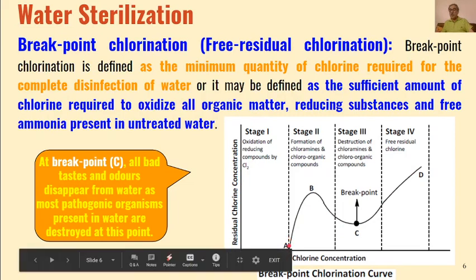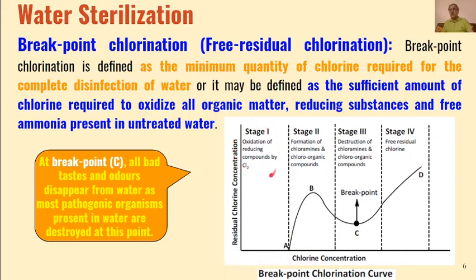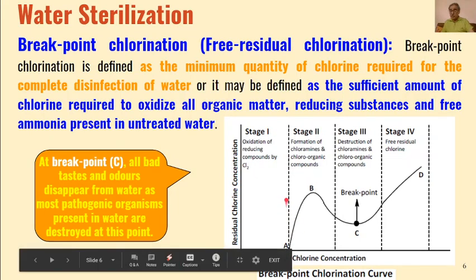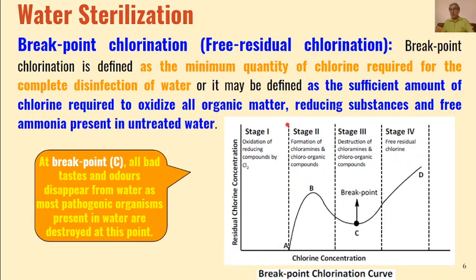If you see, up to this point A, this is where the chlorine will oxidize the reducing compounds present in the water. So all the reducing compounds present in the water will be dealt with by the chlorine up to this point.